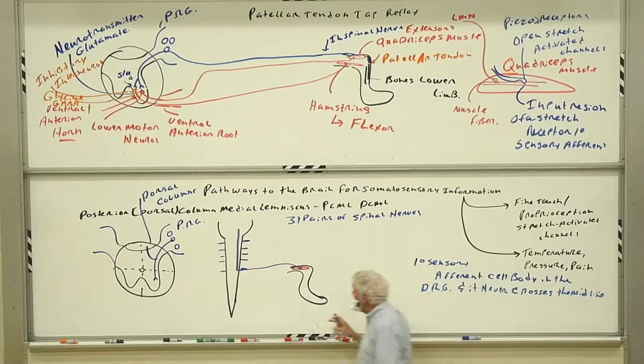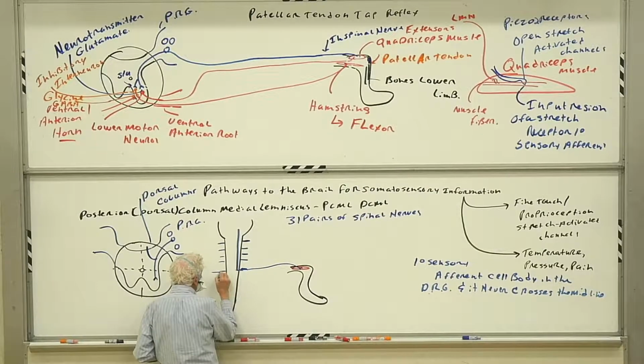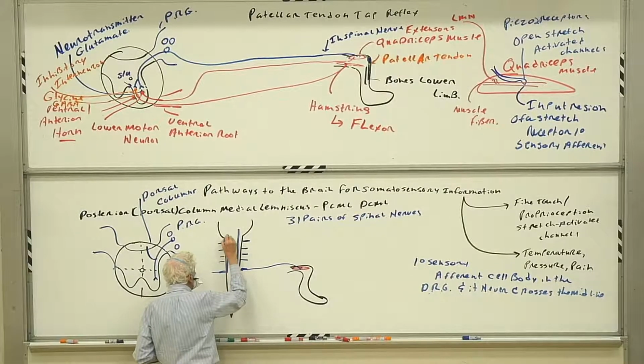That is, if it entered the cord from the right side, it always stays on the right side. If it entered the cord from the left side, coming from your left leg, it stays on the left side.